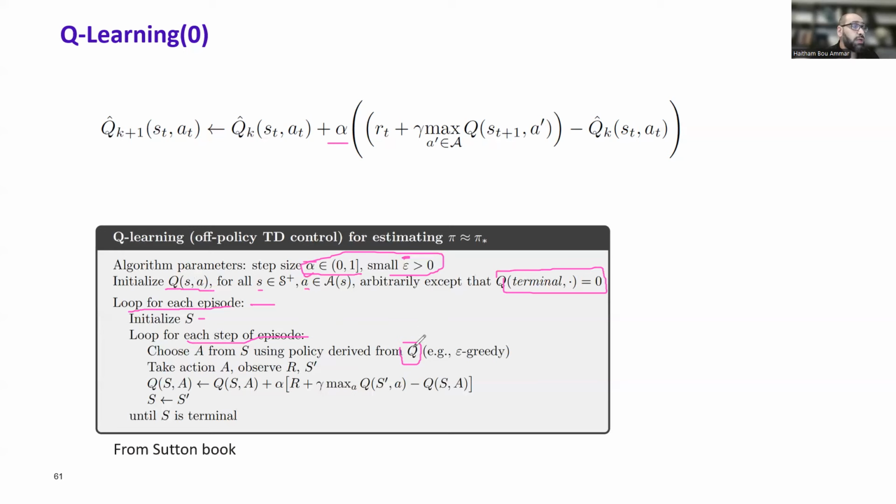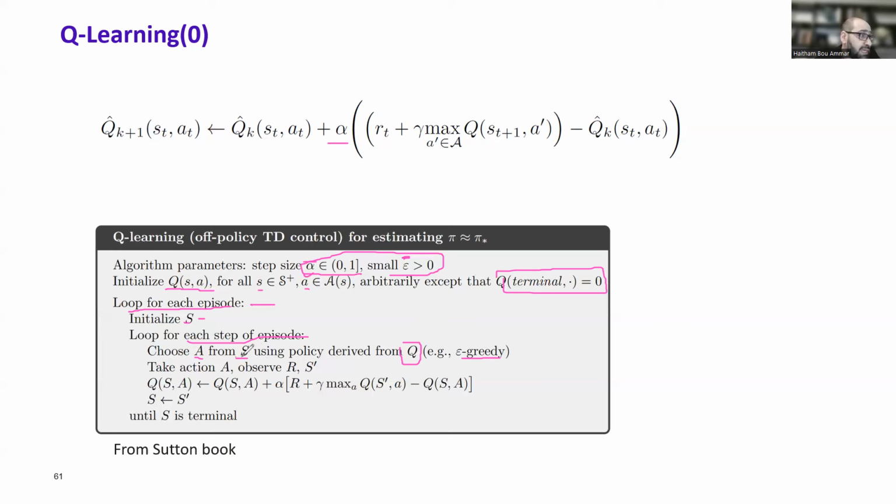If we are at some state S, where we initialized S here, what we are going to do is take an action A according to my Q function so far. For example, by using epsilon greedy, meaning you can take your action as random, or argmax in this Q for that state.